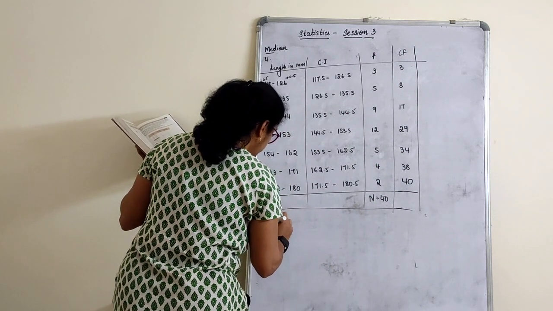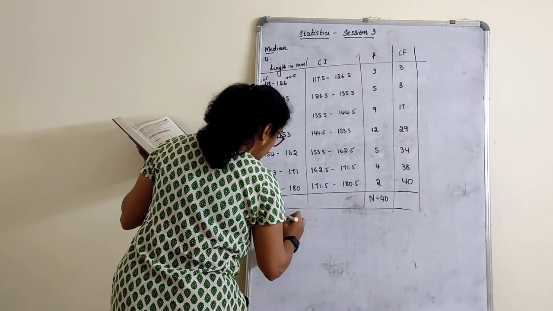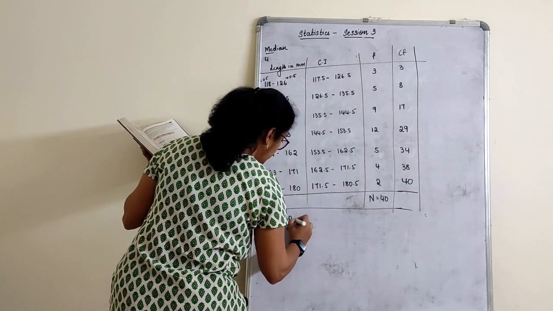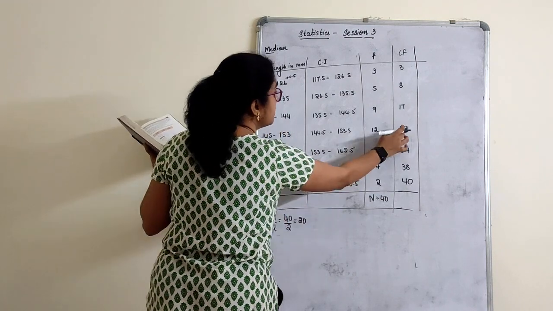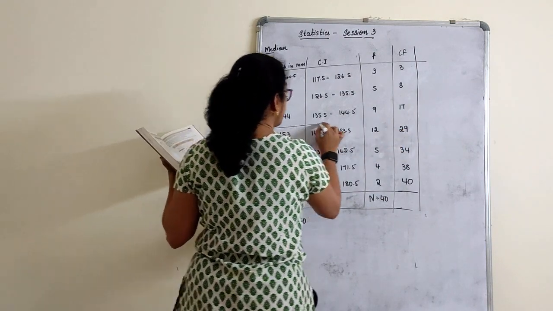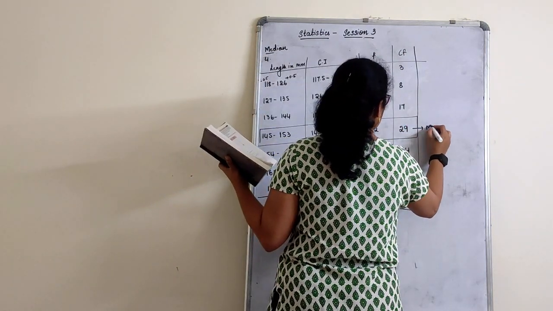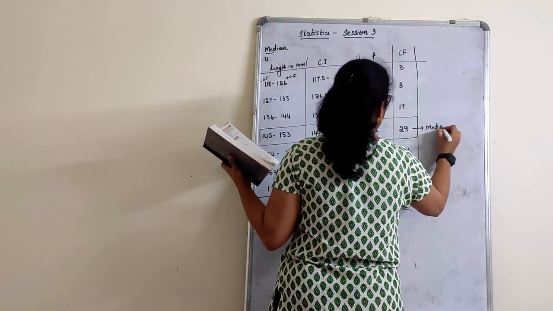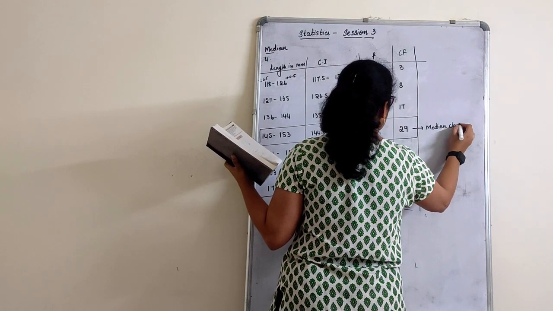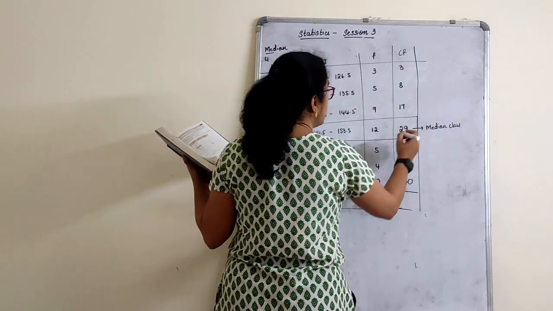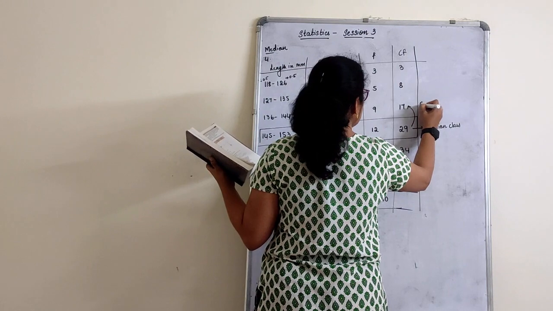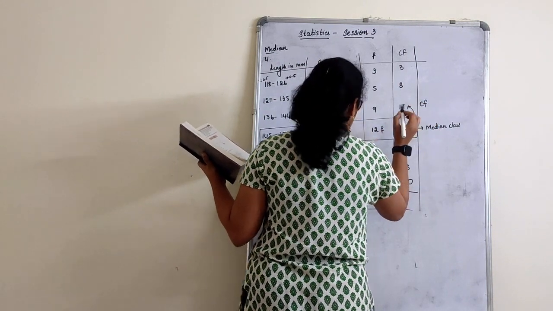N by 2 is equal to 40 by 2, that is 20. It lies here. So this is my median class.